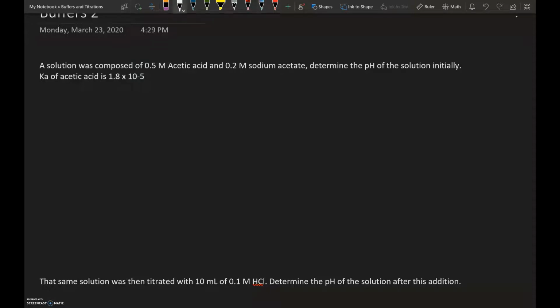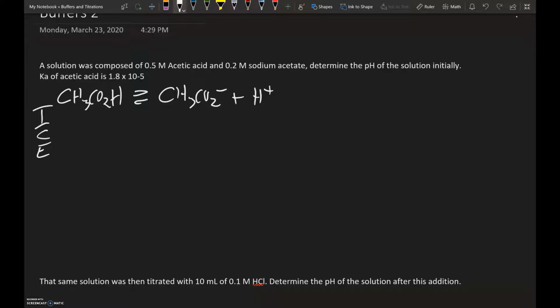So let's go ahead and get started here. Acetic acid is CH3CO2H. It's going to be breaking down to form CH3CO2 minus plus H plus. In the ICE chart here, we will have 0.5 molar acetic acid and then 0.2 molar acetate.